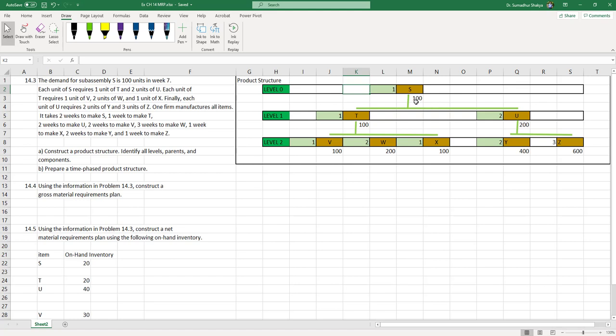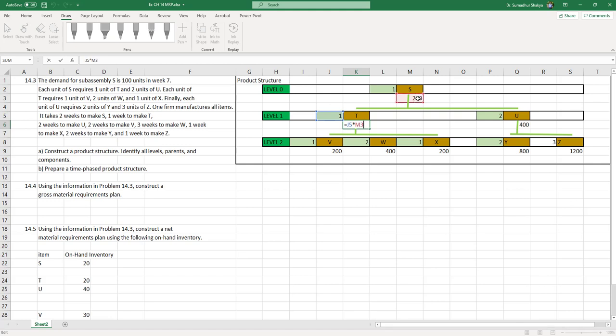If you see here, these are all my multipliers. I can change this number from 100 to, let's say, 200, and all the other numbers should follow, since each is dependent on the quantity required for its parent. This is called a parent-child relationship.